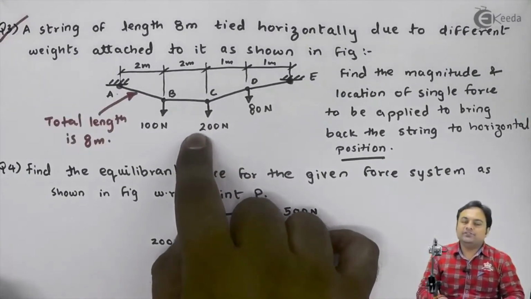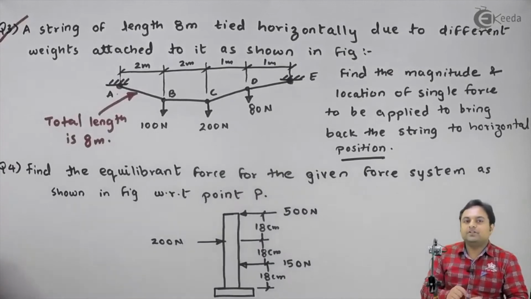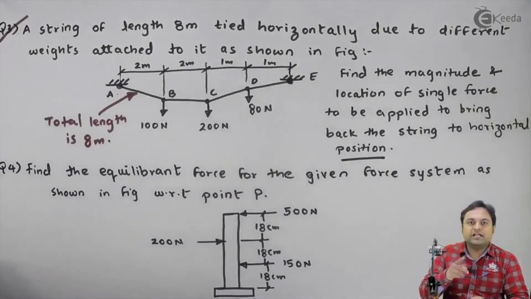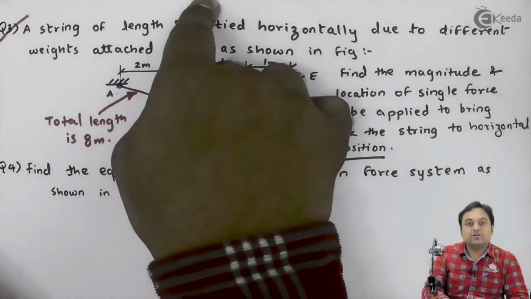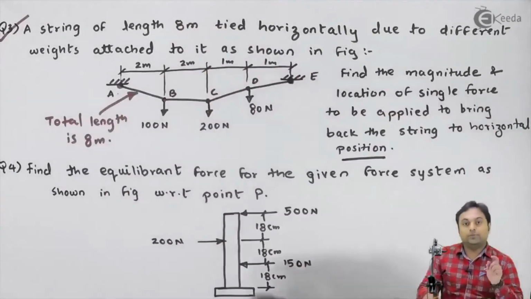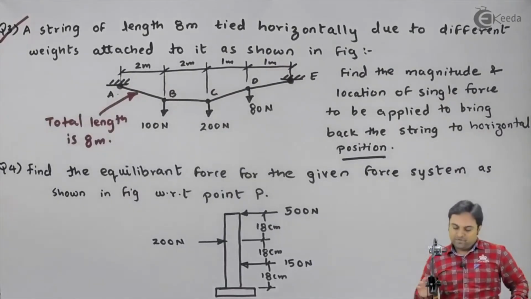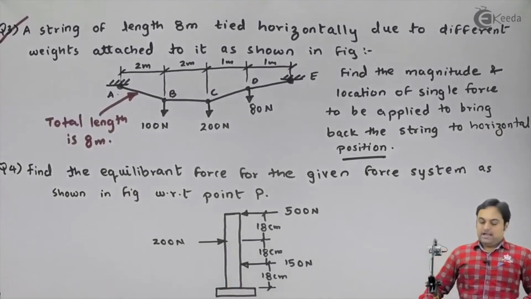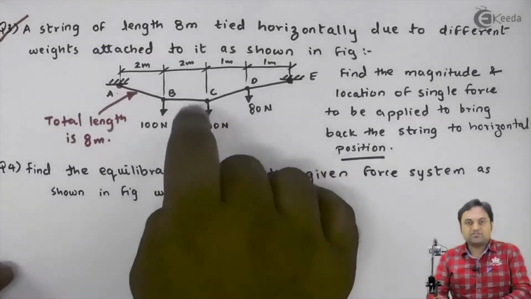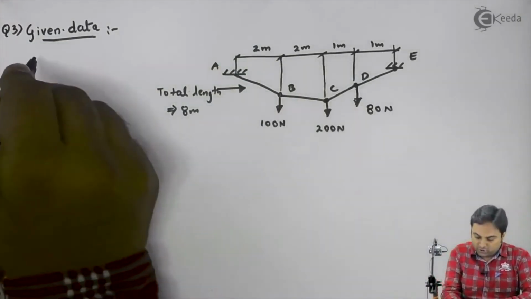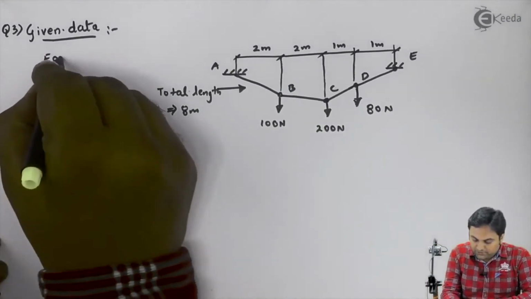Once I know the value of the force which is bringing the string downward, I will apply another force in the opposite direction which will keep the string up, that is, in the horizontal position. And that is what the question is all about. So I have to find that force, and the force which will bring the string to its original horizontal position is called the equilibrant force.